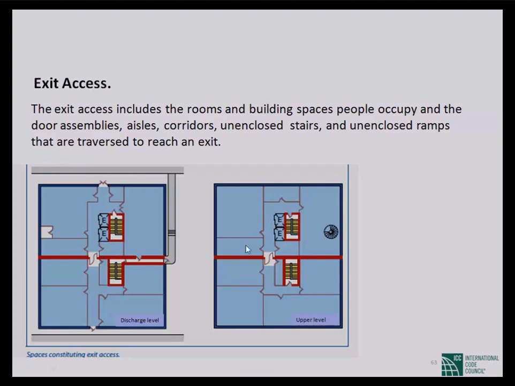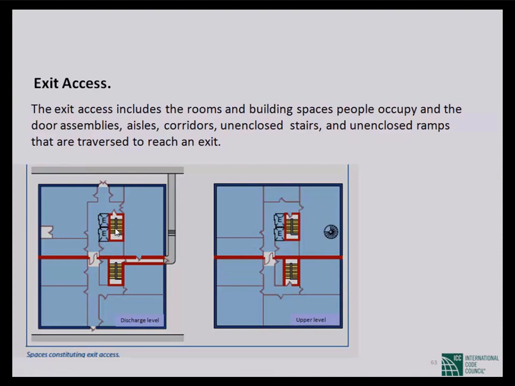From the upper level, from any point you go through an exit to the staircase, and there is an elevator which is separated from the exit. So from the upper level, through the stair, you come down to the ground level, or discharge level.